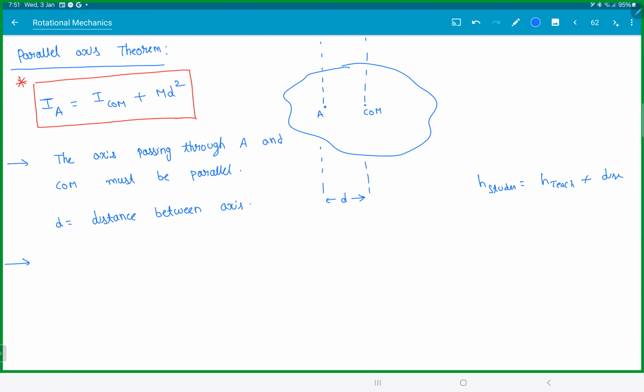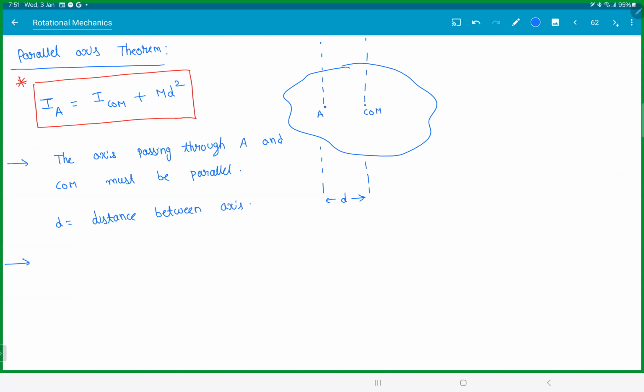Who is the shortest person in the class? Teacher, right? The teacher is the shortest person, isn't it? Because everyone's height is the teacher's height plus something.